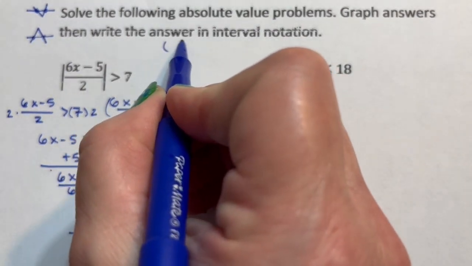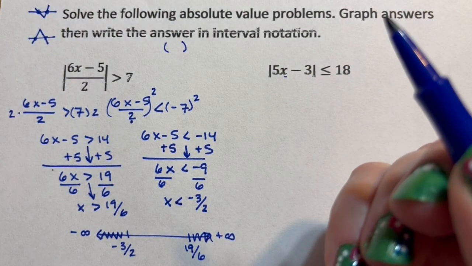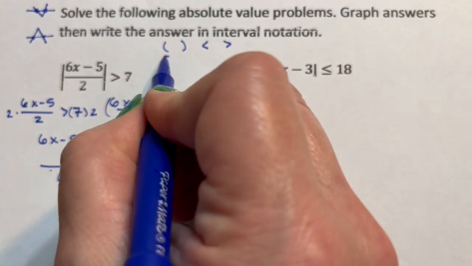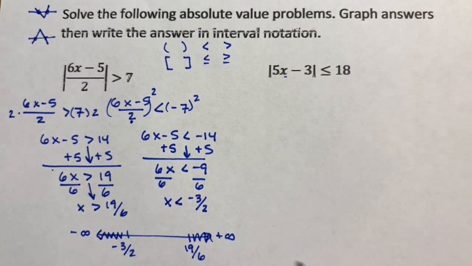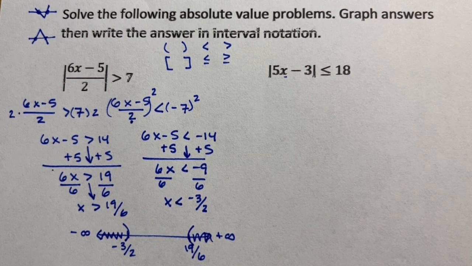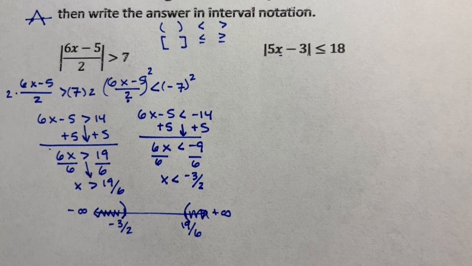The parentheses are the same as the less than and greater than. The brackets are the same as the less than or equal and the greater than or equal. So because this is without the equal sign, I'm going to use the parentheses. And to write this answer in interval notation, I'm going to say negative infinity to negative 3 halves.